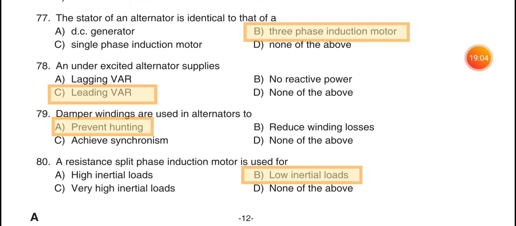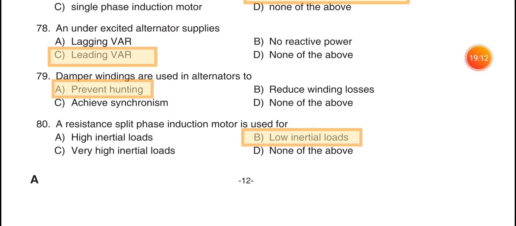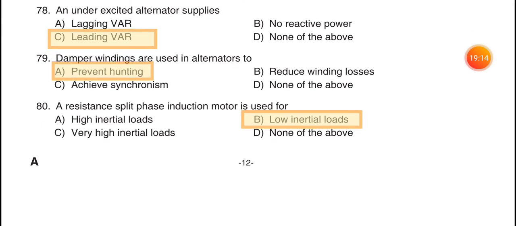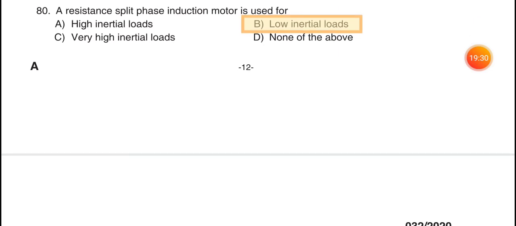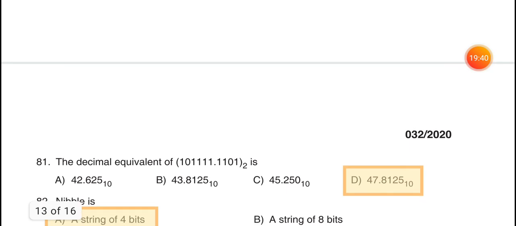The stator of an alternator is identical to that of a option B, three-phase induction motor. 78. An under-excited alternator supplies option C, leading VAR. 79. The damper windings are used in alternators to option A, prevent hunting. 80. A resistance split phase induction motor is used for option B, low initial loads.